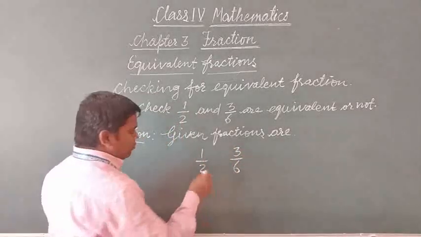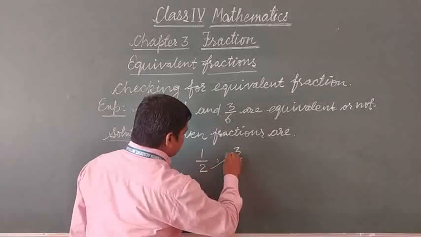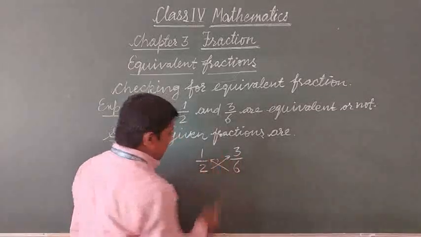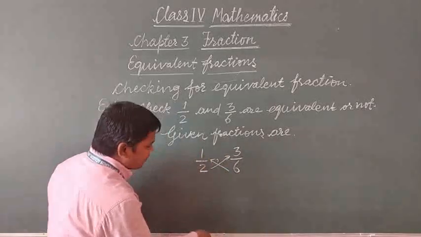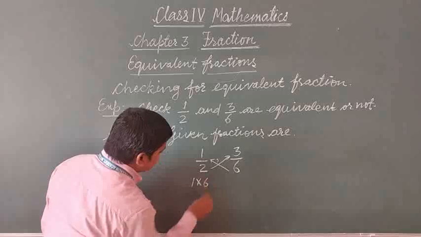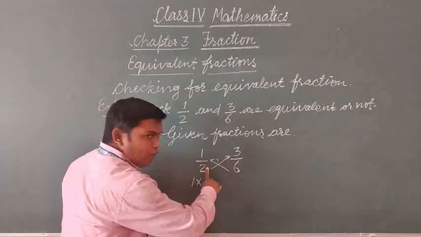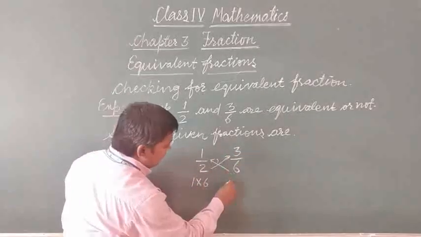We will do the cross multiplication here. Means I am going to multiply the numerator of the first fraction by the denominator of the second fraction. So 1 into 6. Denominator of the first fraction by the numerator of the second fraction.